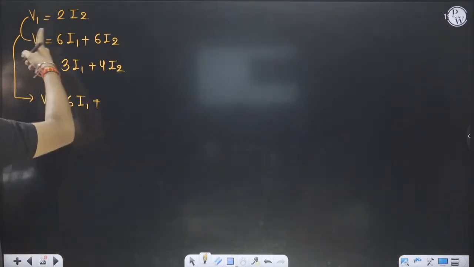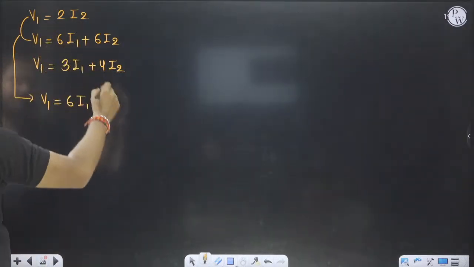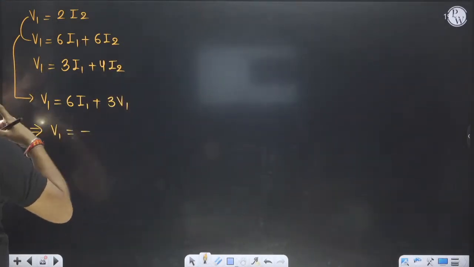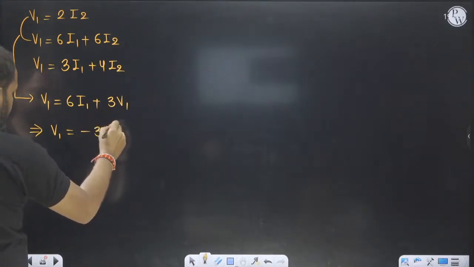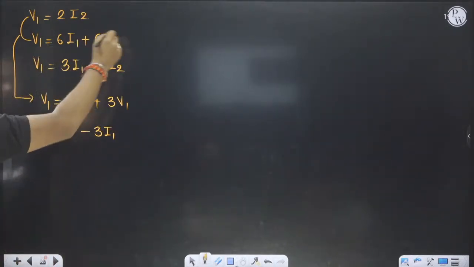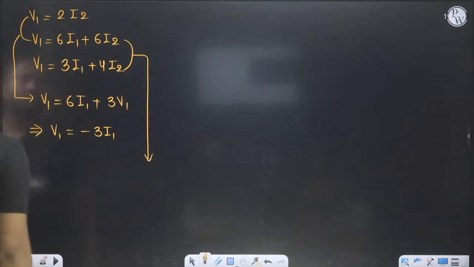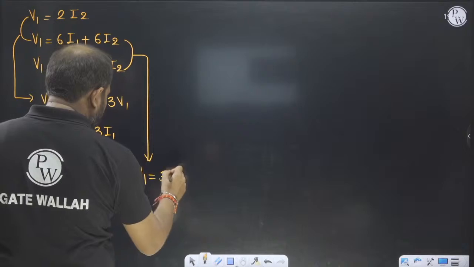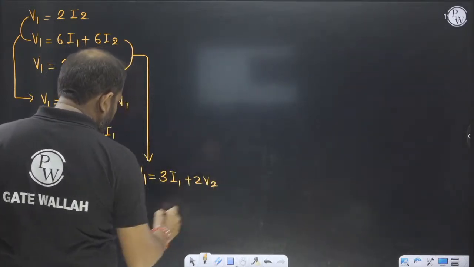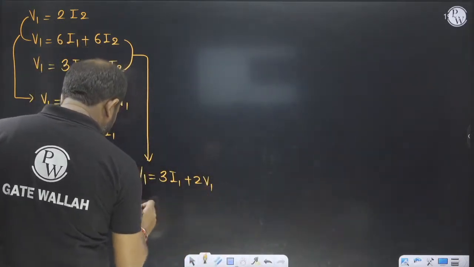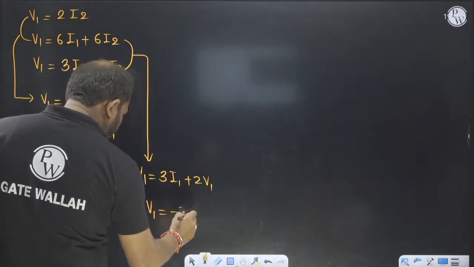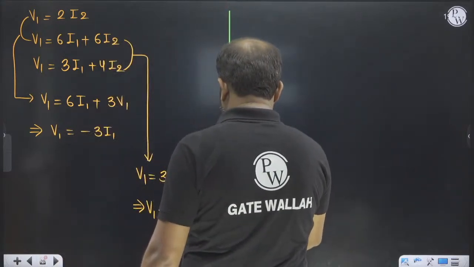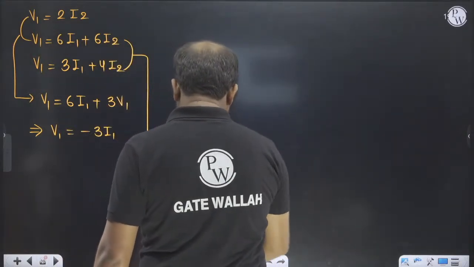In place of I2 I can write V1 by 2, so V1 is equal to minus 3 I1. You can go through it like this also. So V1 will be equal to minus 3 I1. Any method you can go.